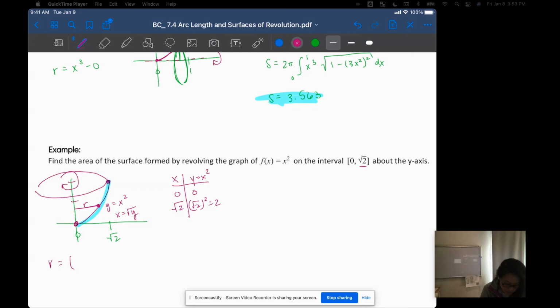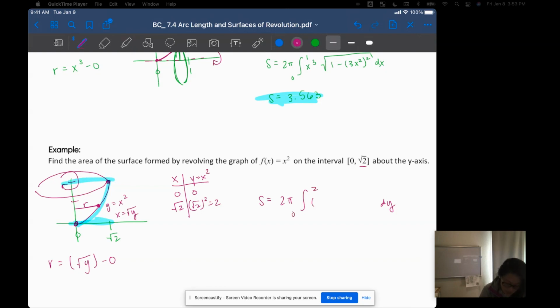So I'm going to have the square root of y minus 0. Okay, lastly, we're going to do 2 pi times the integral. And because we're cutting in terms of dy, my bounds are from 0 to 2. So y from 0 to 2.